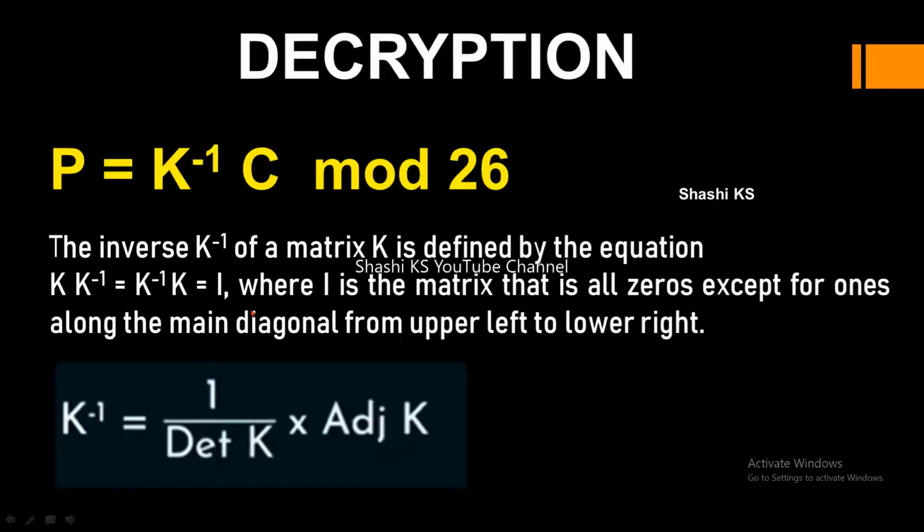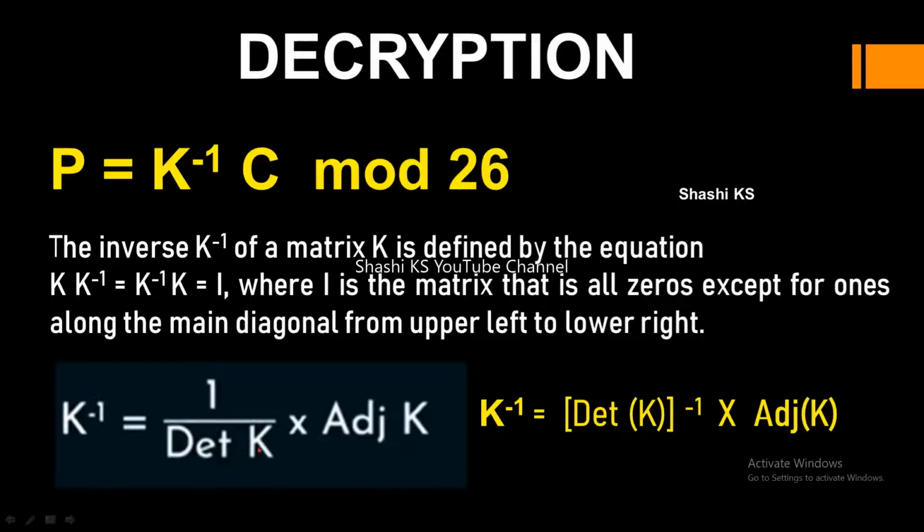So here the formula which you have to use for finding the inverse is 1 by determinant of K into adjoint of K. You have to find the determinant value of K. You have to find the adjoint of K for finding the inverse of the K matrix. So what we are going to do is find the determinant value of K. Already we have seen what is determinant and how to find the value of determinant.